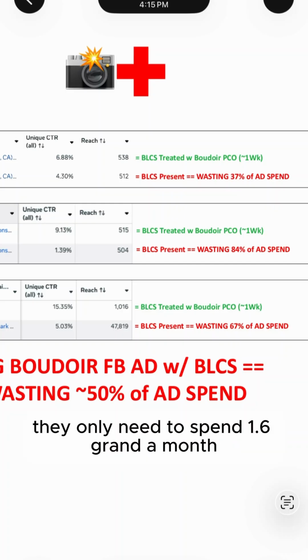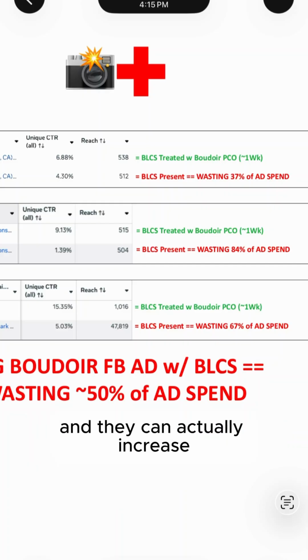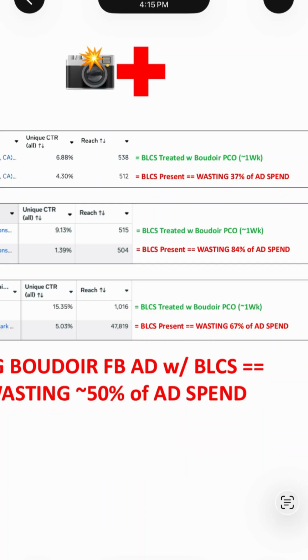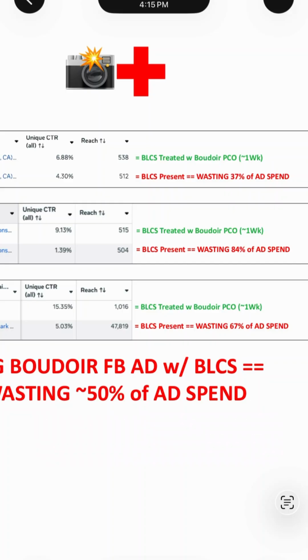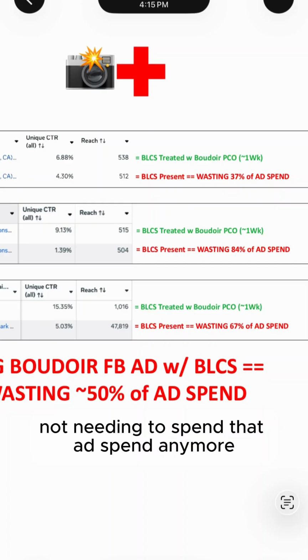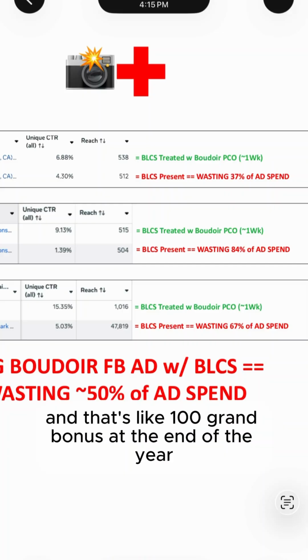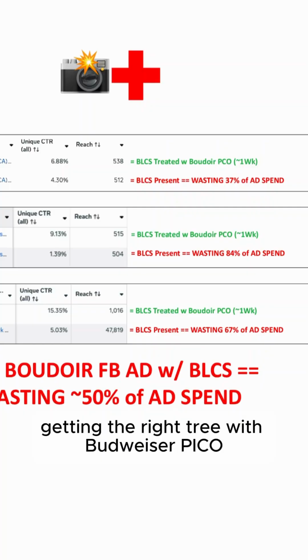Now they only need to spend 1.6 grand a month on the Boudoir PICO treated ad to get their ad into the same number of women's brains in both scenarios. So they simply pocket that $8,400 a month, not needing to spend that ad spend anymore, as a phantom bonus back in their pocket, no extra work required. That's like a 100 grand bonus at the end of the year by simply getting their ad treated with Boudoir PICO.